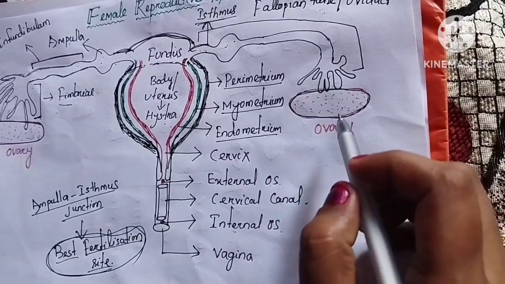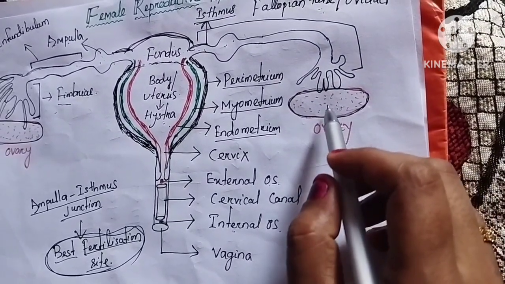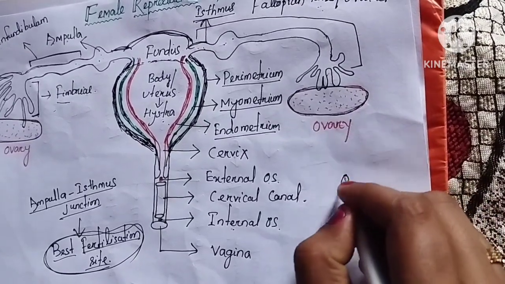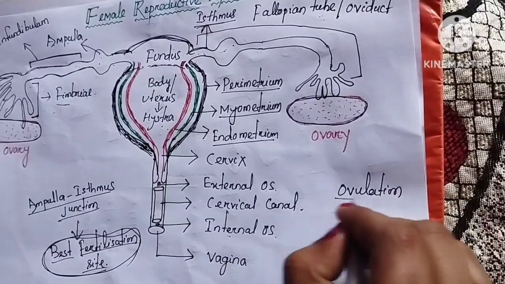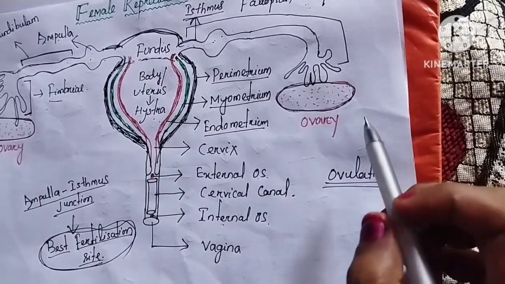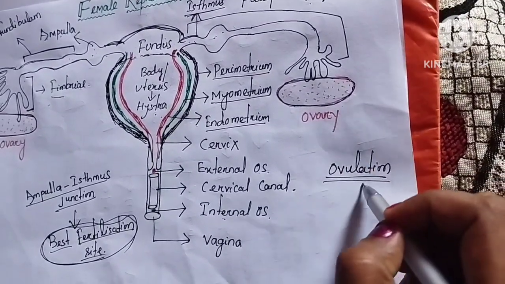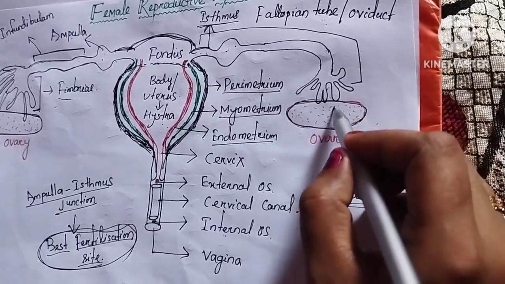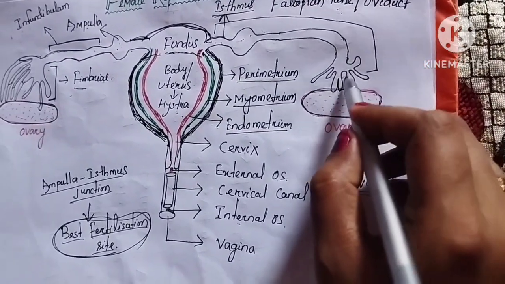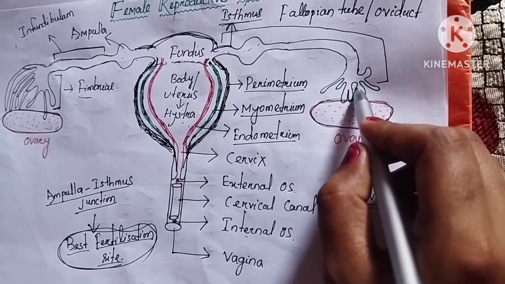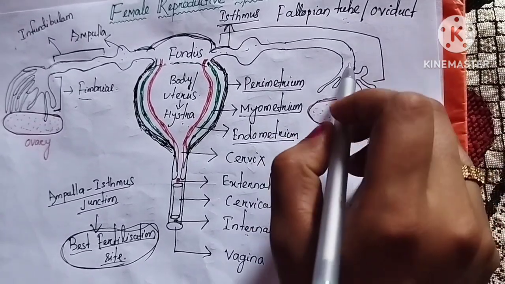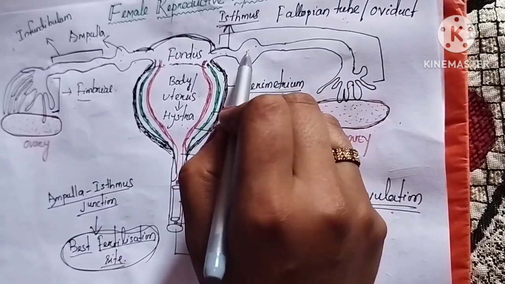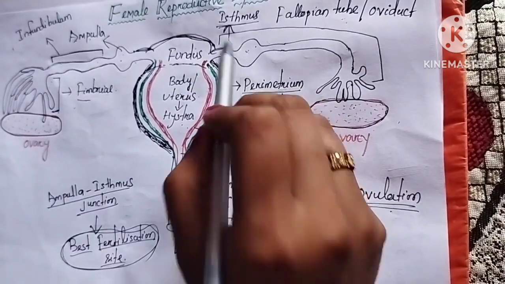The egg released from the ovary is called ovulation. Then the egg is captured by the fimbriae, and it goes to the ampulla-isthmus junction.